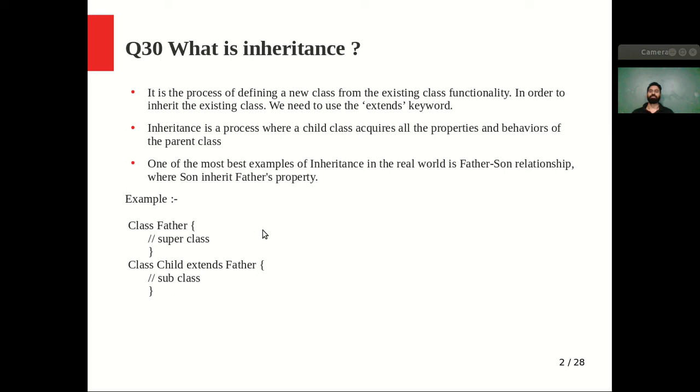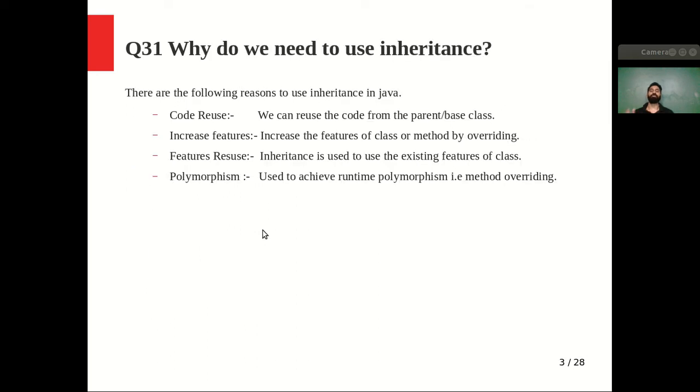Now the next question which you may get after this is, why do we need the use of inheritance? Why is inheritance useful, or why are you using inheritance? You can reply to this using 4 points. First, it is useful for code reuse.